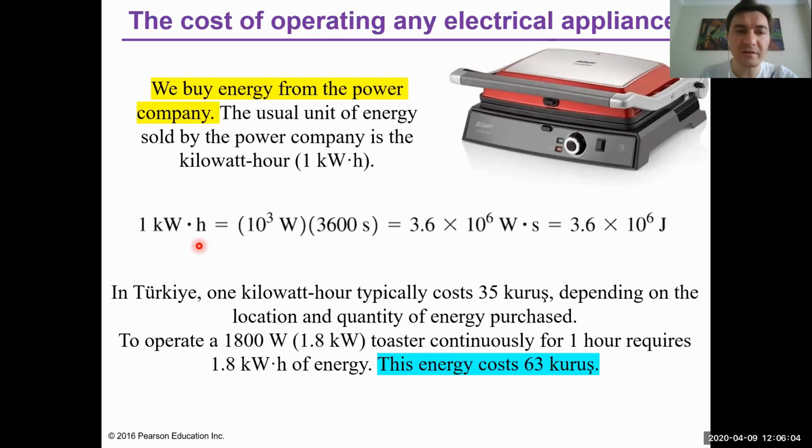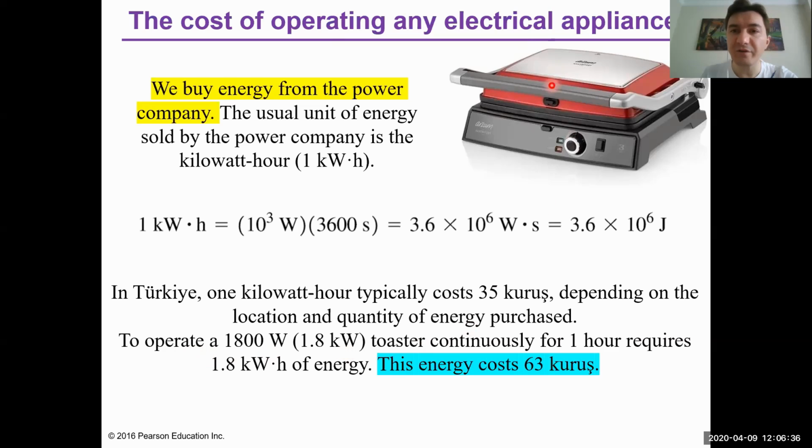So 1 kilowatt hour is given by that expression, 10 to the 3 watt, and 1 hour is 3,600 seconds. And then we have joule here. What is joule? Energy. We buy energy from the power company. In Turkey, 1 kilowatt hour typically costs 35 kurush, depending on the location and quantity of energy purchased.